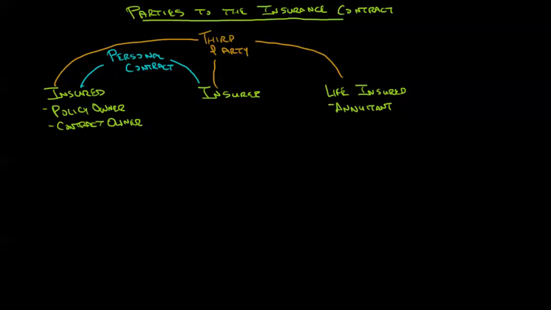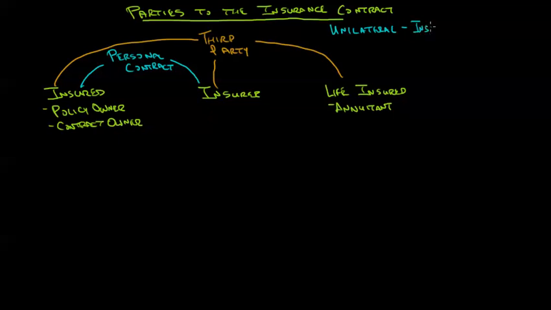Now, when we look at these insurance contracts, we have a few terms that we have to define here. Insurance contracts are, first off, unilateral contracts. And this is a very important concept with respect to insurance contracts. A unilateral contract means that only one party makes a promise here.